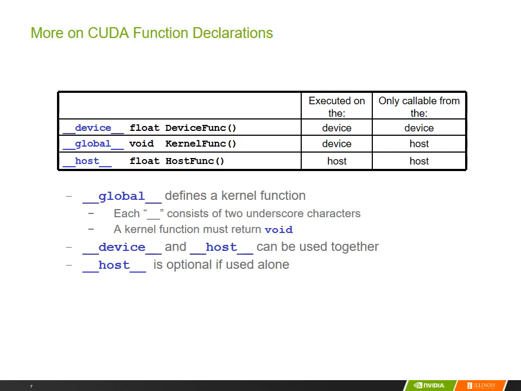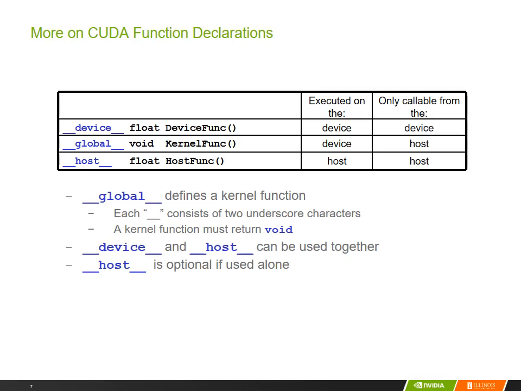A couple of things that we should also note. __device__ and __host__ can be used together. That is, we can mark a function as both device and host function. In that case, there will be two executable versions of this function generated by the compiler.